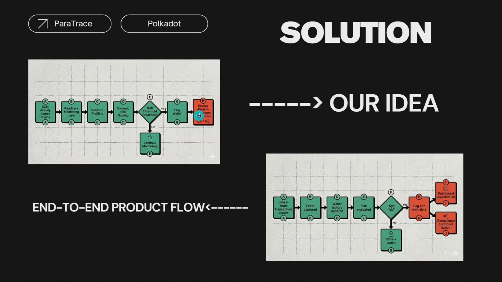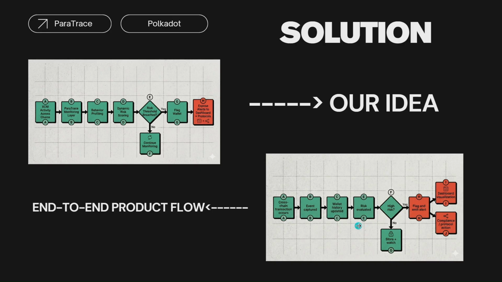And this is our actual idea. For the end-to-end product flow, it's pretty much the same. The XCM indexer captures the event, and the wallet history is updated based on the event that has happened. The risk is also evaluated based on the transfers, the wallets it has interacted with, and the chains it has interacted with.